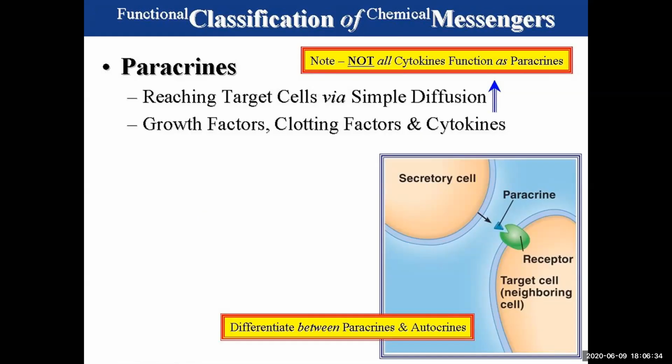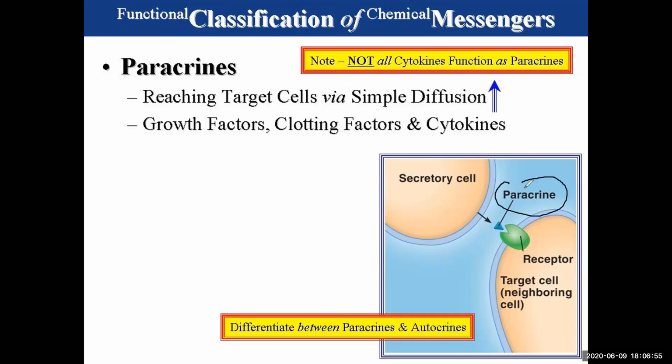Now, chemical messengers for a short distance, for example, like the cells within microscopic distance from one another, that chemical messenger is called a paracrine signal.